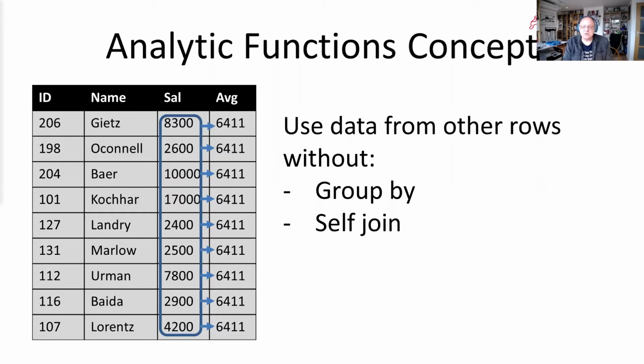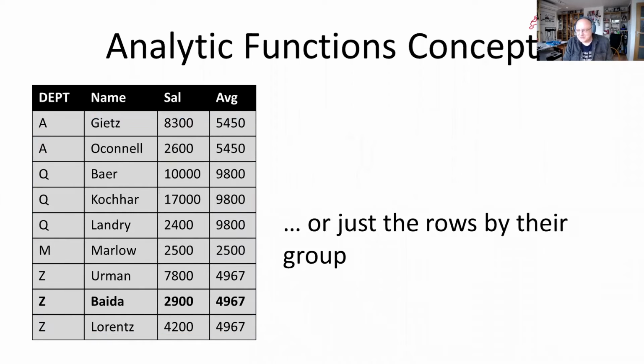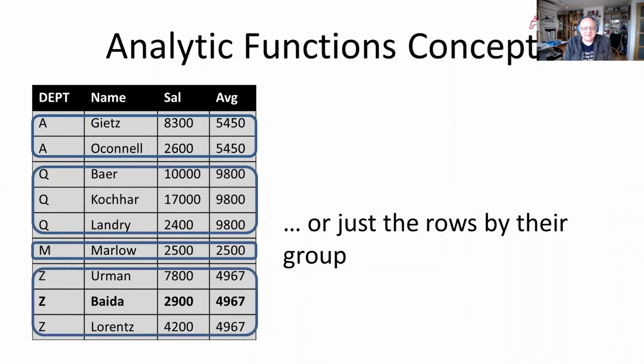So each row will have the same average in this case, because the entire result set is taken into account. But you can also limit that in some ways. First of all, this is again the entire result set. Sorry, and you can also just make groups of data based on any criteria that you can think of.